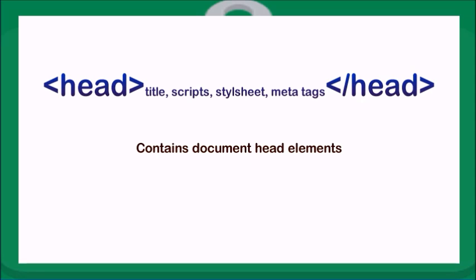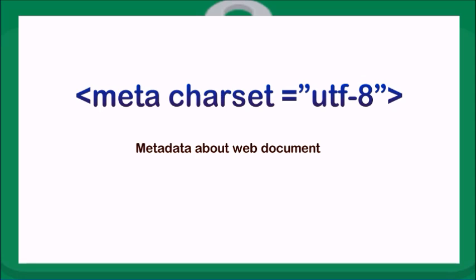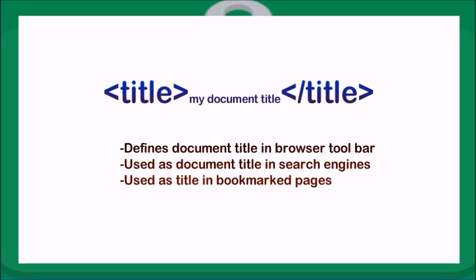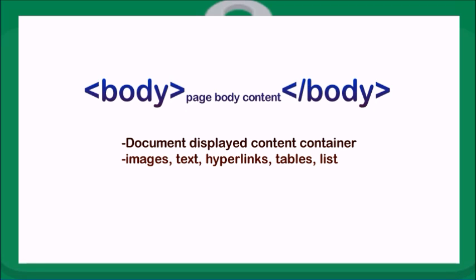Within our head element, we had the meta charset, which is the character encoding of our web page. We also had the title, which defines our web page on the browser bars and is also used in search engines. Then finally, we had the body element, which is a container for all our content such as text, images, links, hyperlinks.